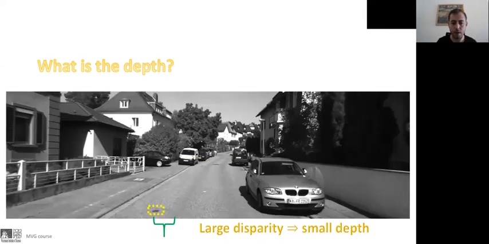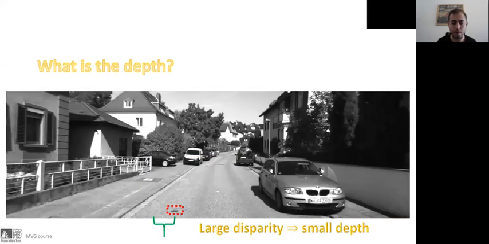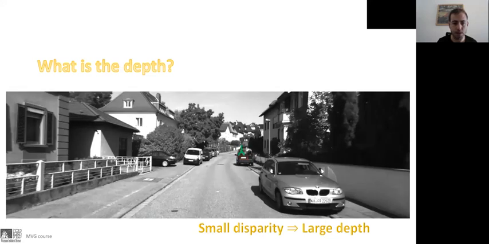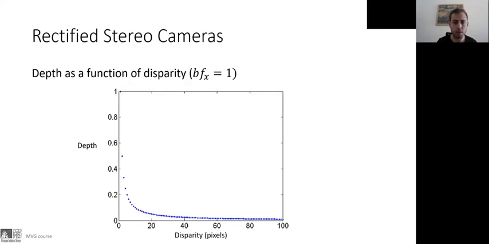And also, we see that for small depth, we have large disparity, and for large depth, we have small disparity. We can also plot the depth as a function of disparity, where we assume b times fx equals 1. And you can see that for larger disparity, we get lower depth.